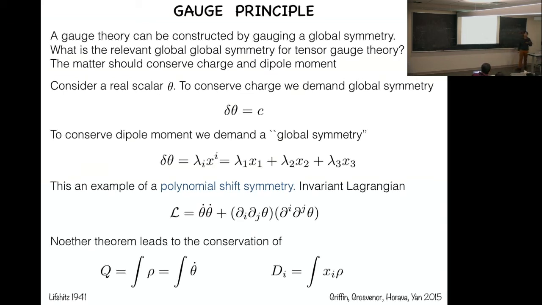If you put one extra derivative on theta, you ensure that shifting theta by a linear polynomial is perfectly fine. Right? Because the second derivative will always annihilate a linear polynomial. So shifting theta by a linear polynomial is a global symmetry of the action. If it's a global symmetry, we can ask the question, what does Noether's theorem imply? Noether's theorem implies that the charge is the integral of x with rho, which is a dipole moment by its definition.